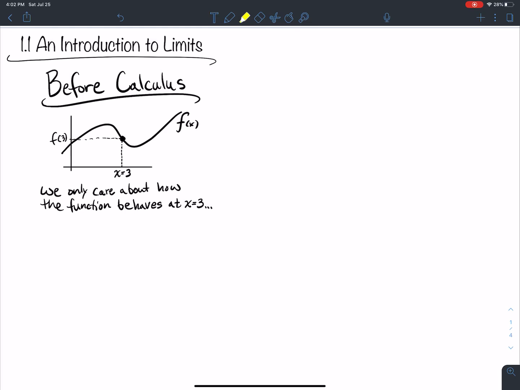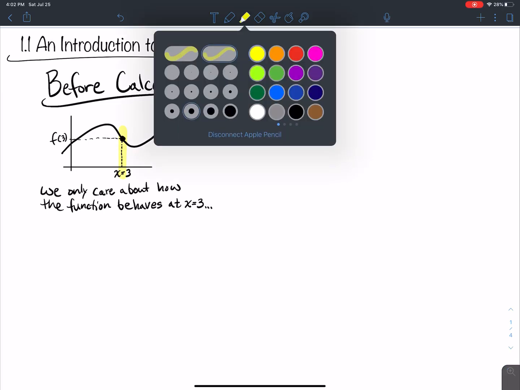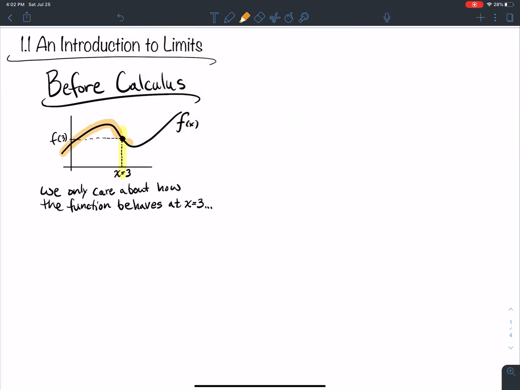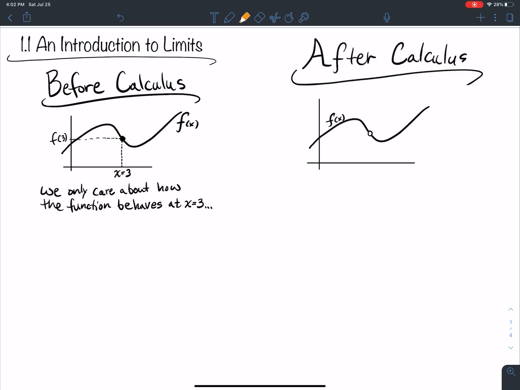Who cares? But the way that we looked at it before calculus was we only cared about this one very little spot right here at x exactly equal to 3. We cared nothing about the rest of the function and how it behaved, just this one little spot right in the middle, okay? Now, after calculus, say that function instead is not even defined right here.